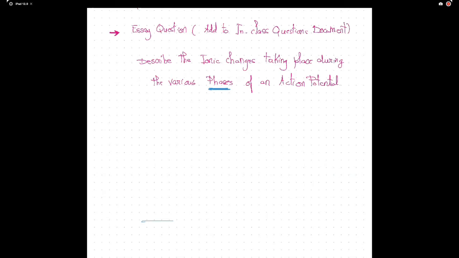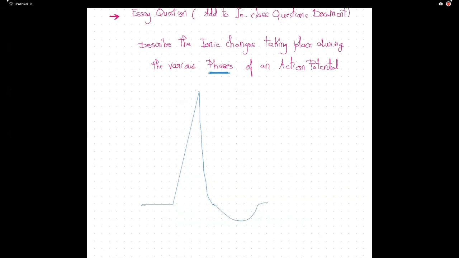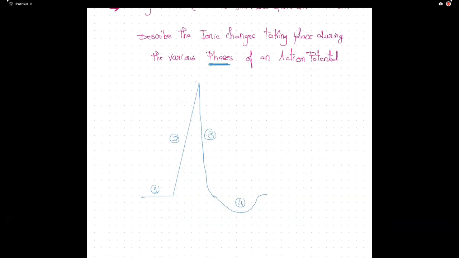Remember, this is how an action potential looks when I draw it on a graph, detecting the electrical changes. So we have phases 1, 2, 3, and 4. What did we call the very first phase of an action potential before I start the depolarization?